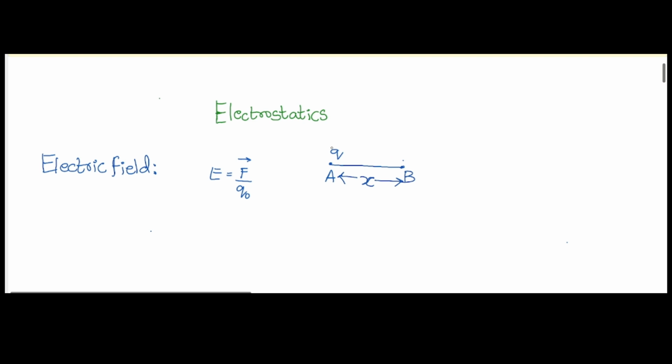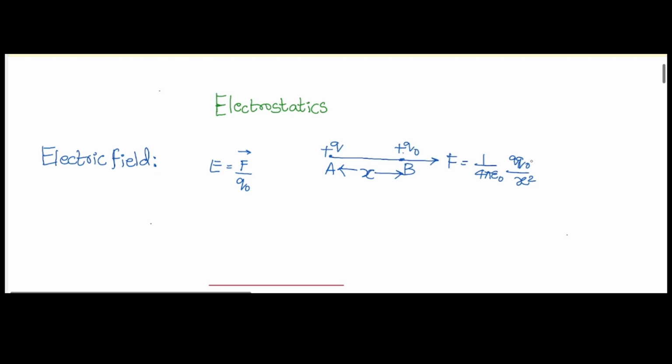The charge plus Q produces an electric field at B. Suppose there is a charge Q naught plus at B. So plus Q repels Q naught. The force F is equal to 1 by 4 pi epsilon naught Q Q naught by x square.